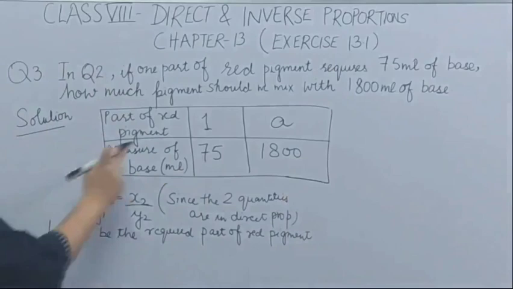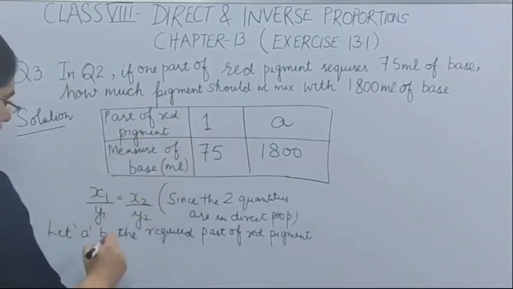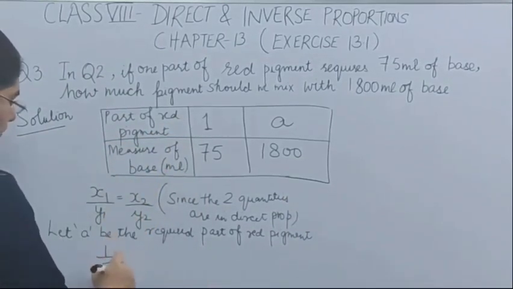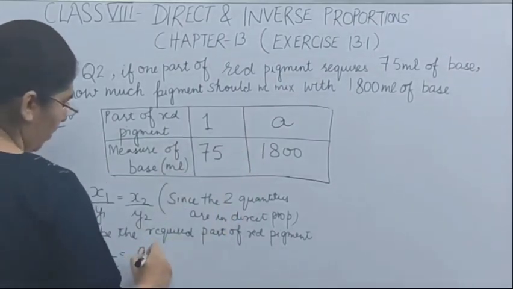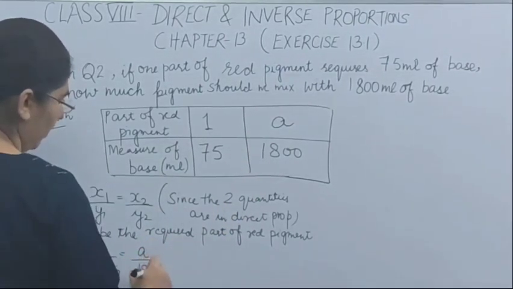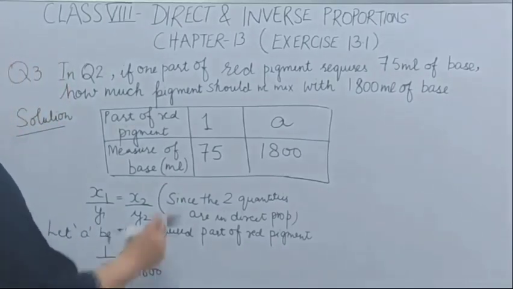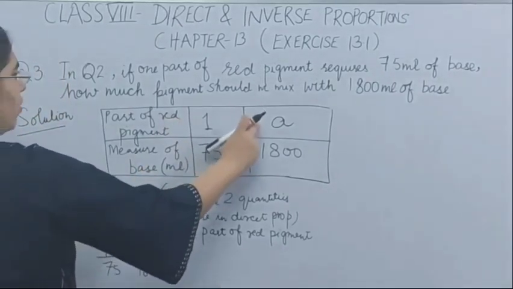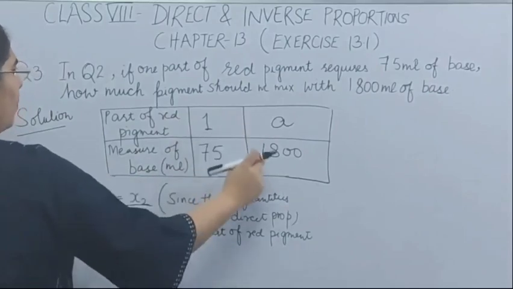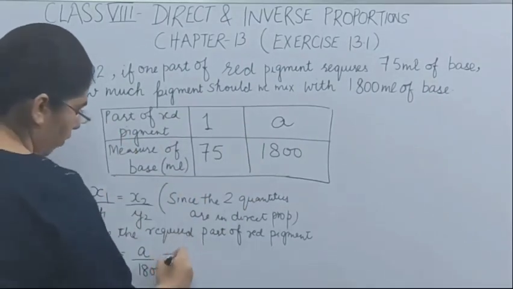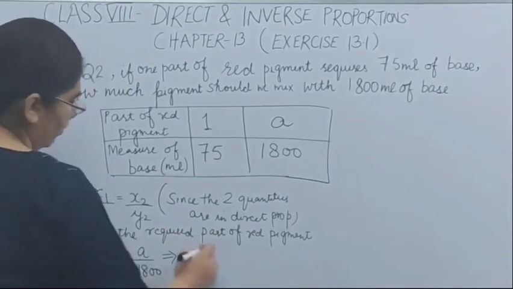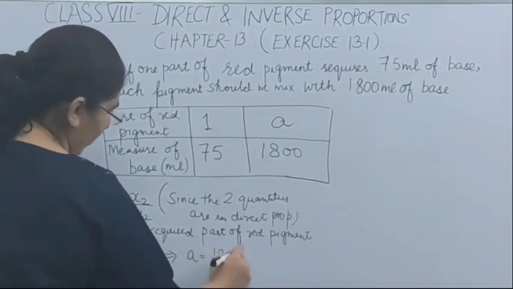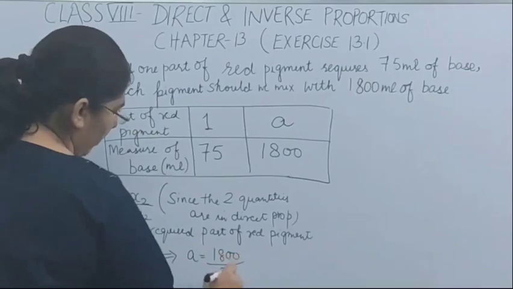So, here x1 upon y1, 1 by 75, equals A upon 1800, right. x1 upon y1 equals x2 upon y2. Therefore, how do we calculate the value of A? This will be 1800 divided by 75.